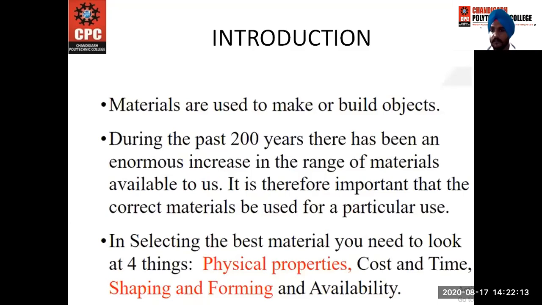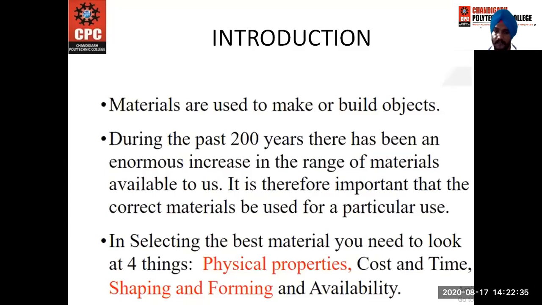It is therefore important that the correct material be used for a particular use. In selecting the best material, you need to look at four things. Number one is physical properties. Number two is cost.